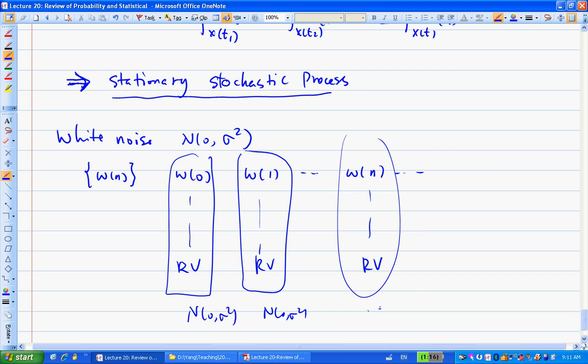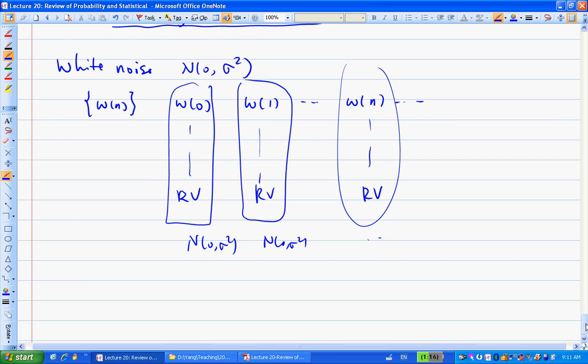So white noise is a stationary stochastic process. And the noise that is going to be added to our system is white noise, which we consider stationary.